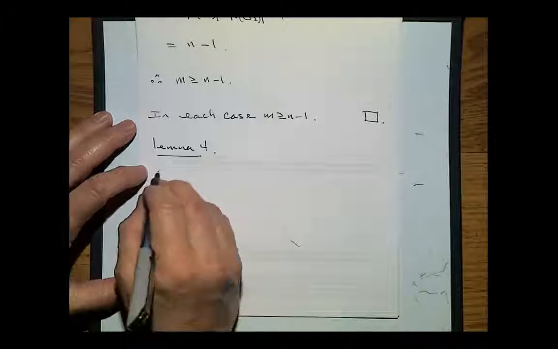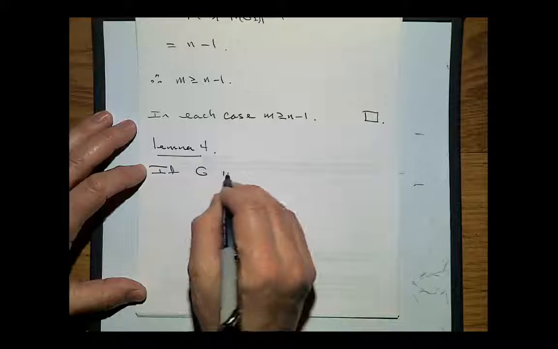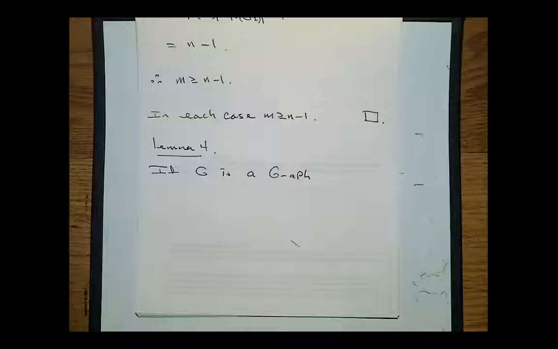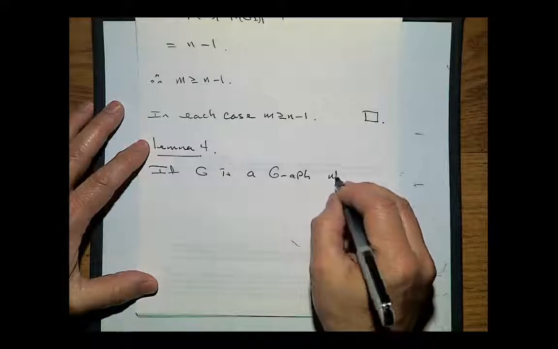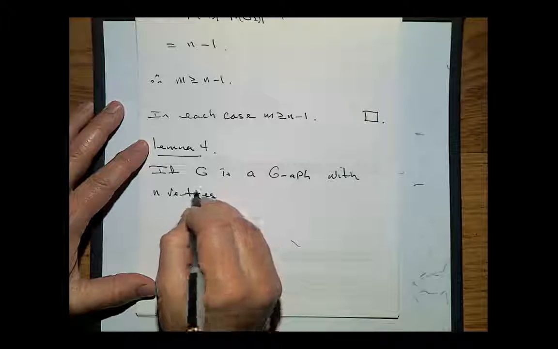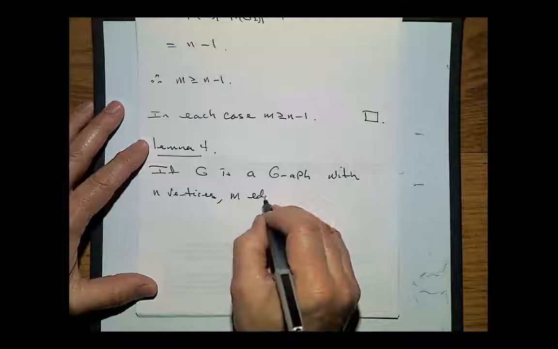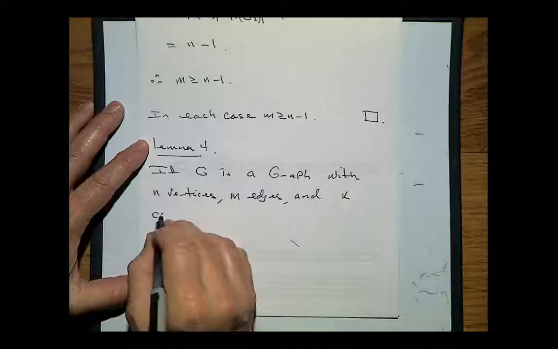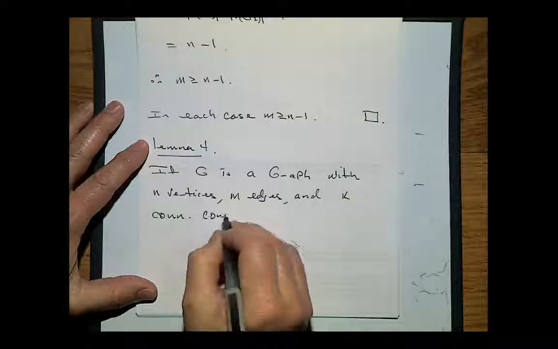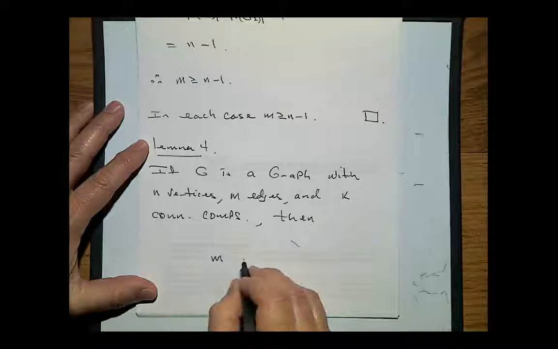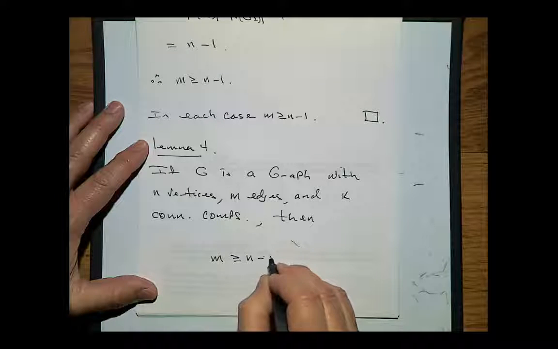So if G is a graph, nobody's assuming it's connected, nobody's assuming it's acyclic, with n vertices, m edges, and k connected components, then m is greater than or equal to n minus k.